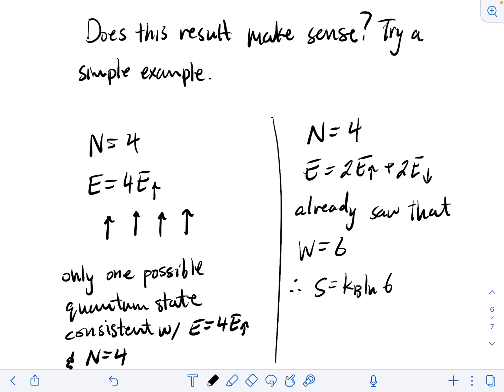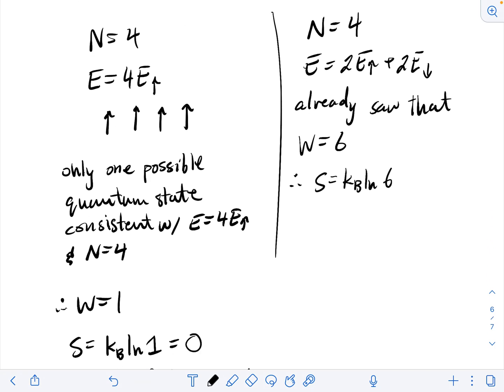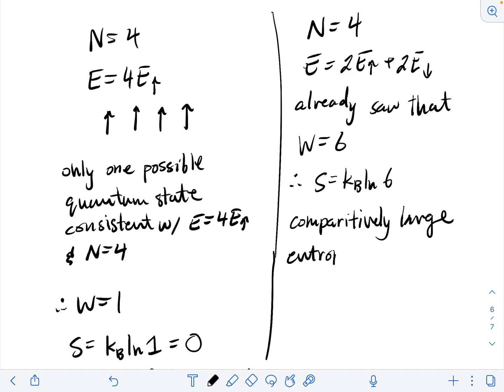And at least compared to the entropy of 0 for our ordered state on the left, this KB ln 6 is comparatively large. And so this is a comparatively large entropy for this more disordered state.